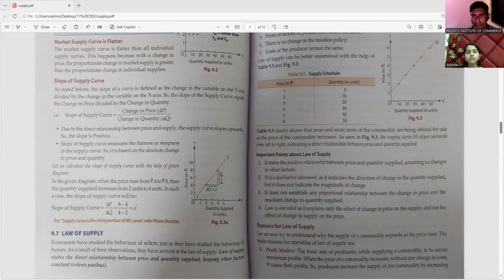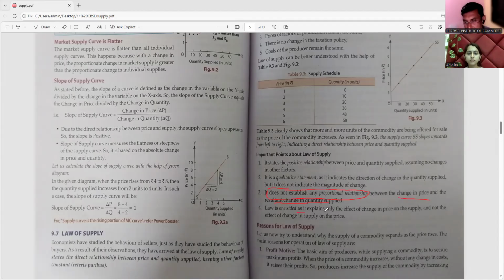There is no change in this diagram. It does not establish any proportional relationship between the change in price and the resulting change in the quantity supplied, because price changes randomly and quantity simultaneously also changes.